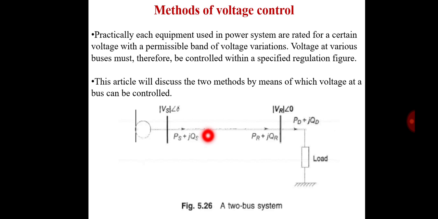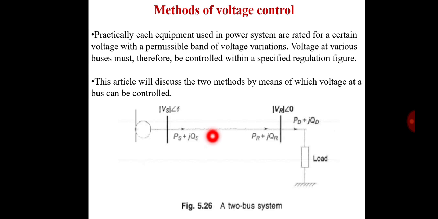So when supplying the power system at the sending end, the equipment connected with a transmission line all runs within a limited voltage, a permissible band.